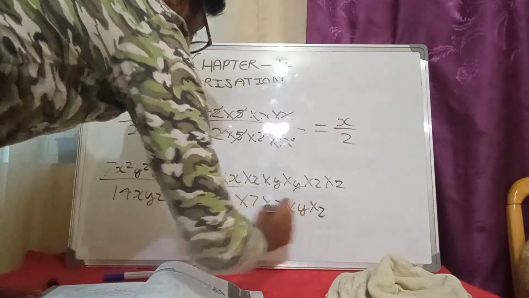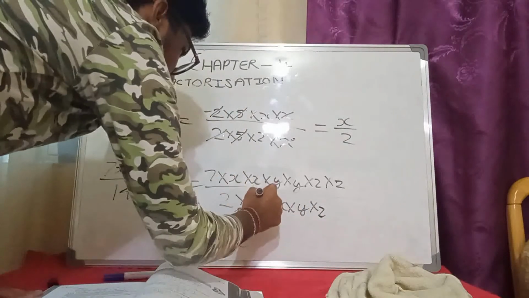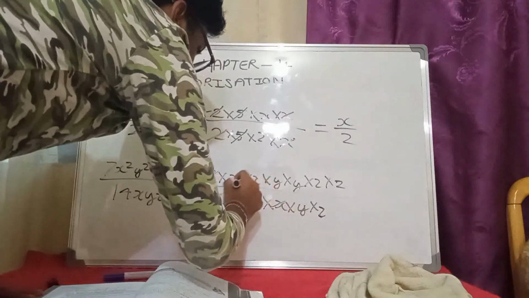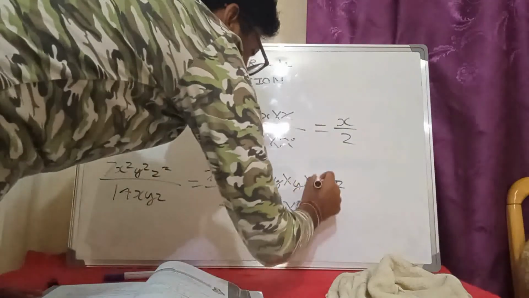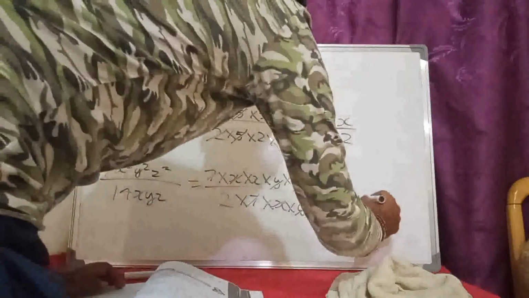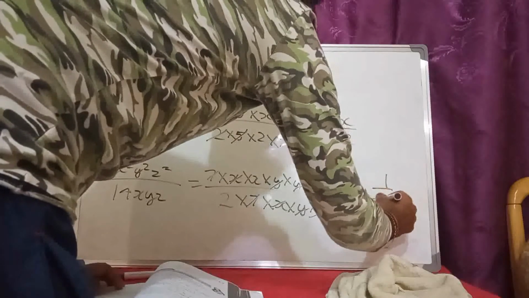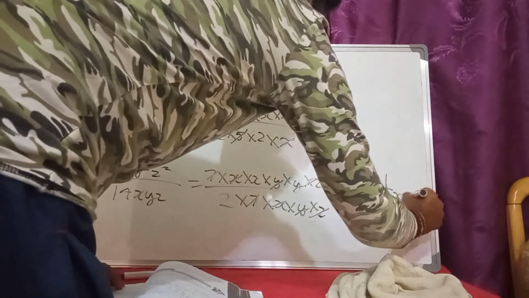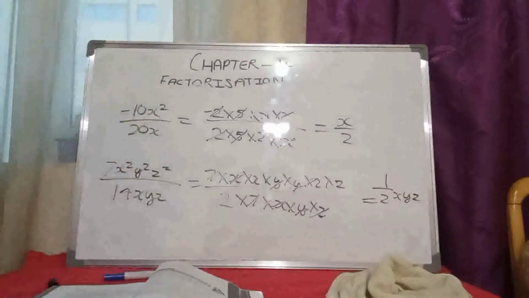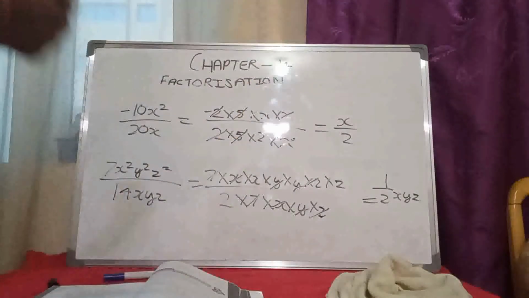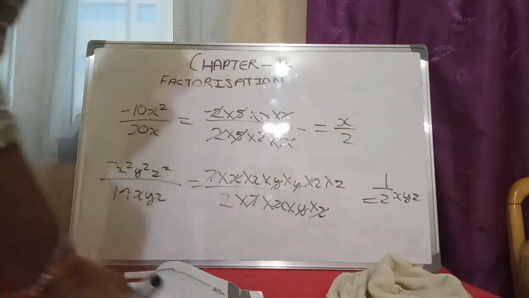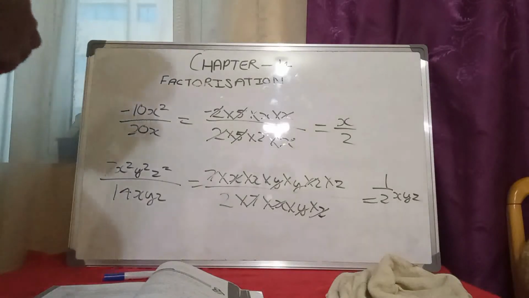Here we can see that 7 can cancel out, x y z cancel out. So the answer we get is 1 by 2 into x y z. That is half of x into y into z. So this is how we do a monomial by a monomial.